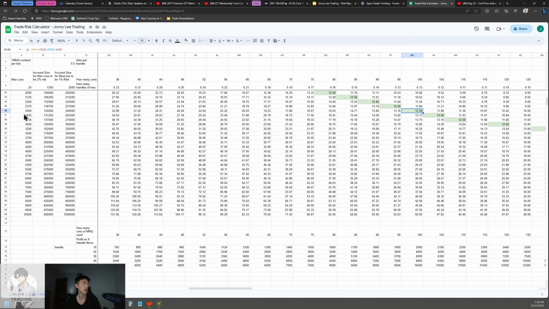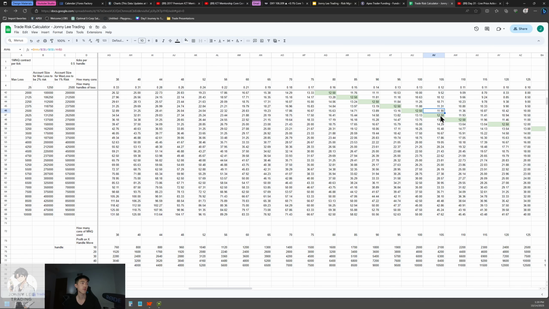I can risk a loss of 1%, minus $2,500. What can I gain? If I look at 10, 20, 30, 40 handles, I get $2,000, $4,000, $6,000, $8,000. I can actually achieve that $12,500 that would get me to this next level a lot quicker, right?